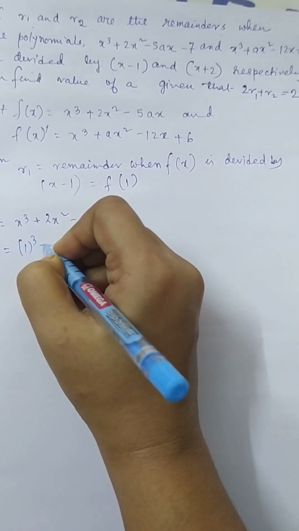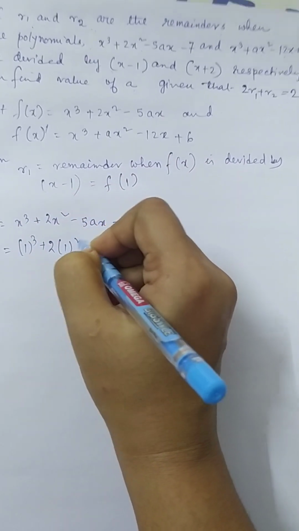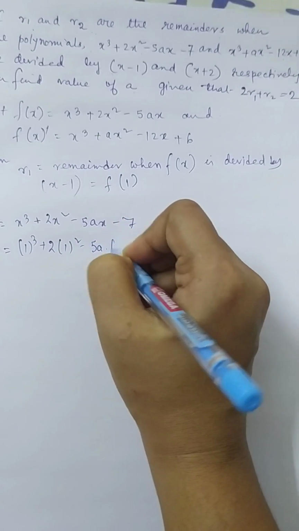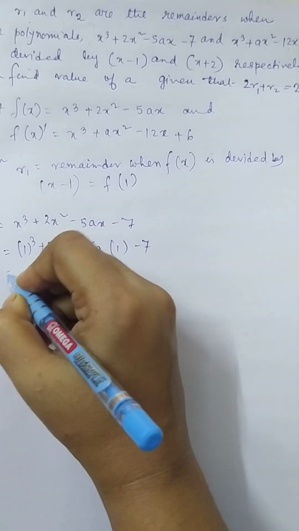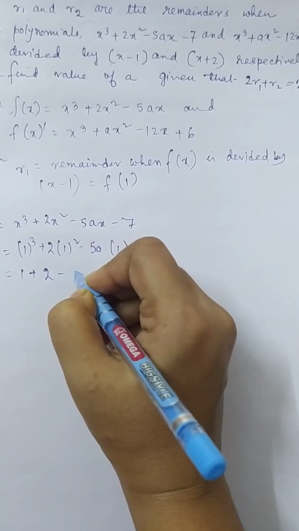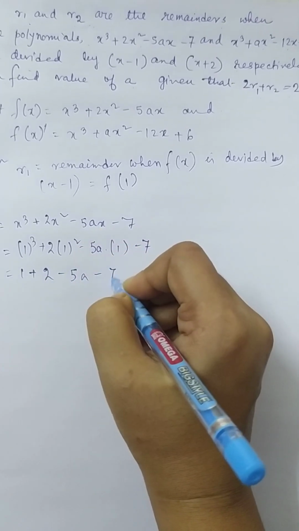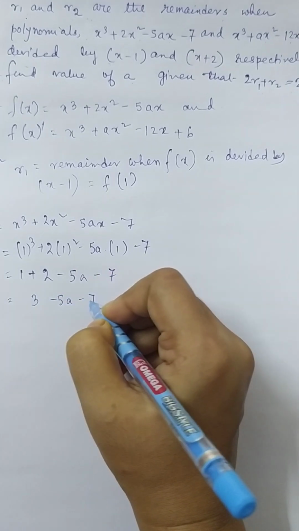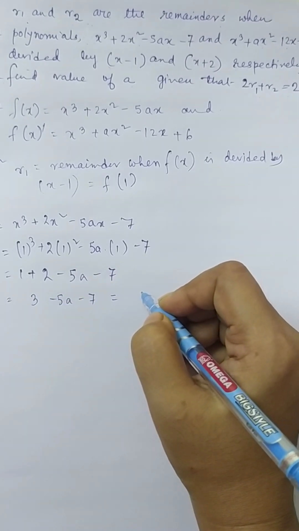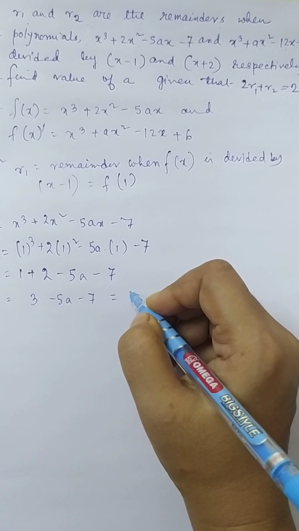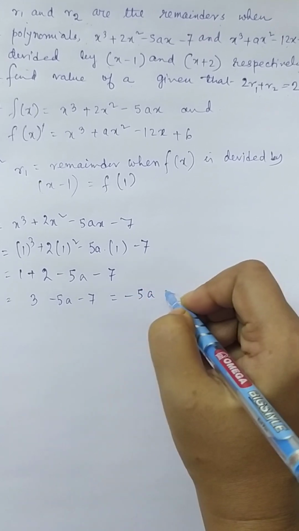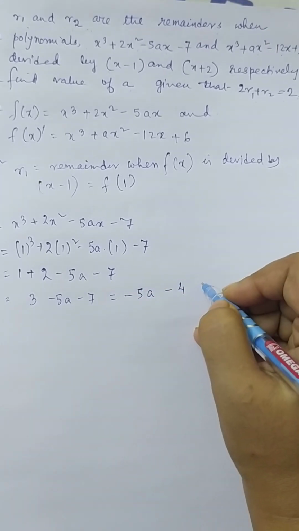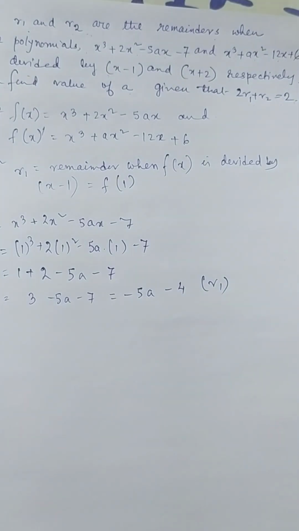It will be 1 cube plus 2 into 1 square minus 5a into 1 minus 7, that is 1 plus 2 minus 5a minus 7, that is 3 minus 5a minus 7, that is equal to minus 5a minus 4. That is the remainder 1.